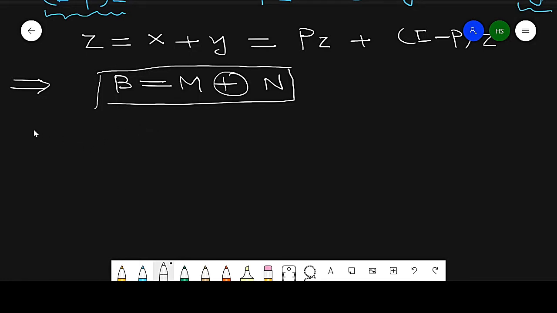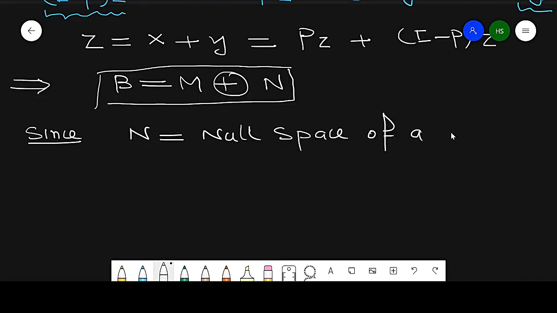So since N is the null space of a continuous transformation P, the null space of a continuous transformation is closed. So N is a closed subspace, number one.